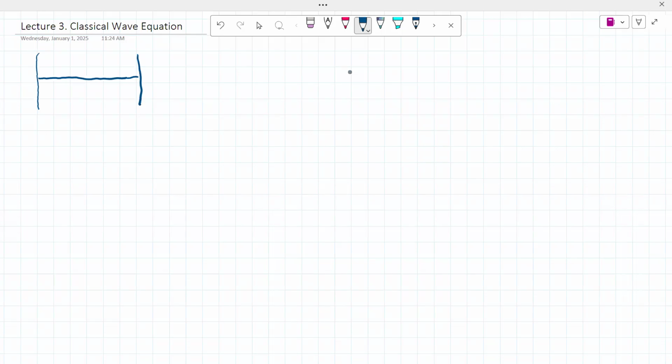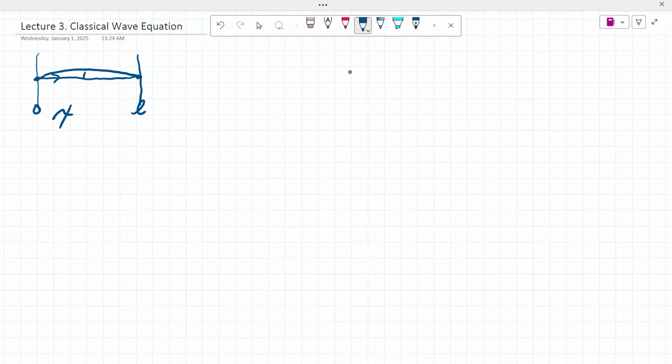All right, so we have some x-axis here, and we have some position at 0, and we have some position at L for the length of the string, okay? And you have some wave propagation along the x-axis, and the string is going to be bound. So I play violin. I like to think about a violin string, but maybe you play another instrument, or maybe you don't play any instrument at all.